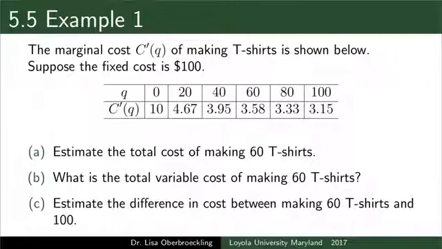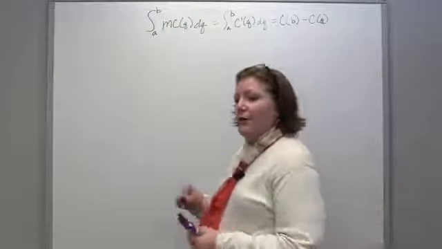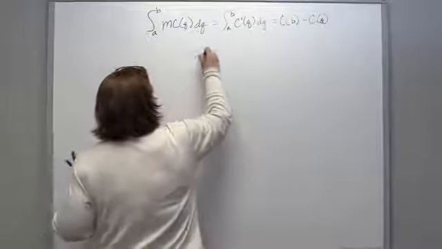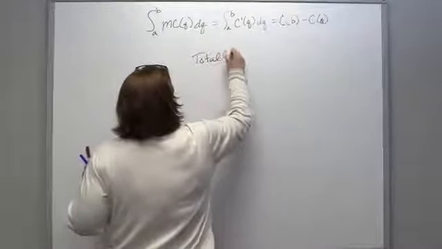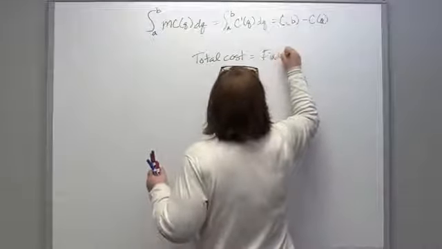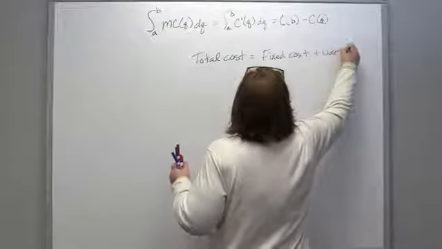So for part A, we want to estimate the total cost of making 60 t-shirts. And we're given the fixed cost is $100. And so we want to remember first that total cost equals fixed cost plus variable cost.